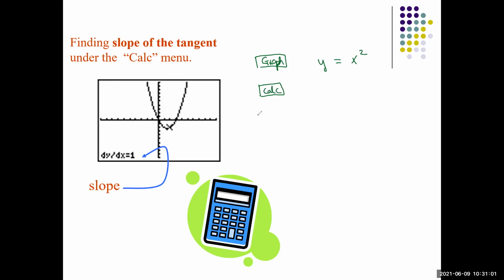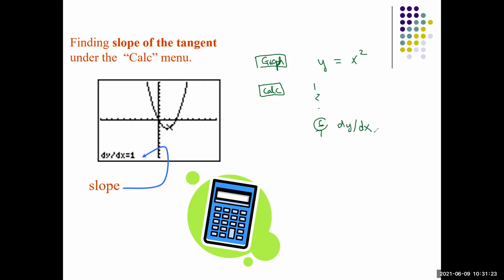The calc menu should be the top, I think the top 5, 6 buttons. Go to the calc menu, and then in the calc menu, I think there's 1 through 7, I believe there's 6 or 7 options. And then you pick the one, I think it's 6, the one that says dy/dx.